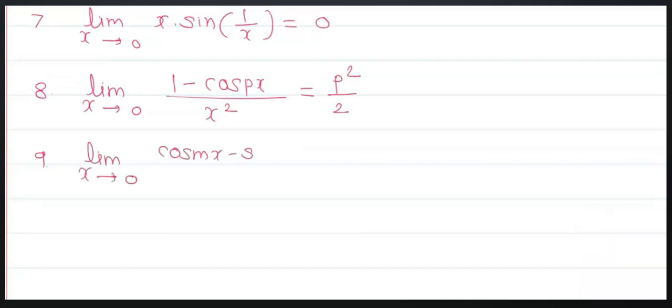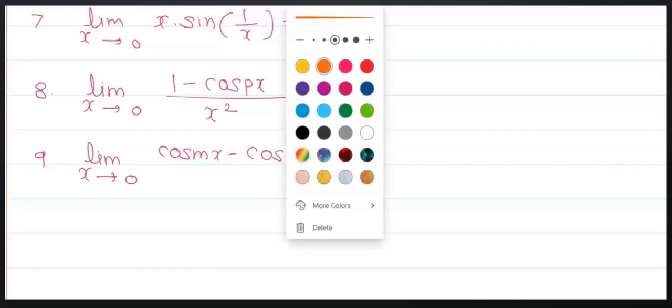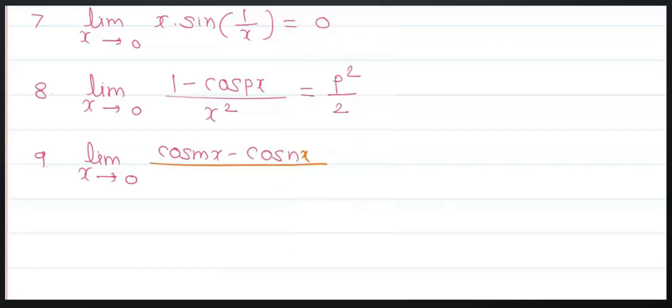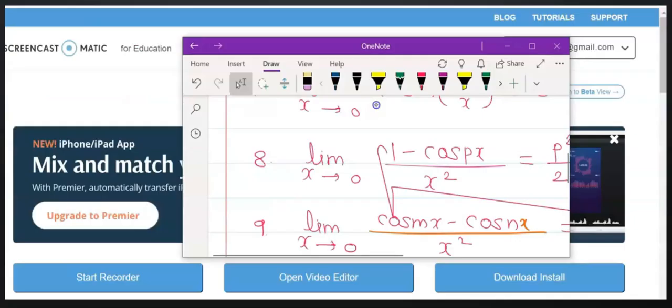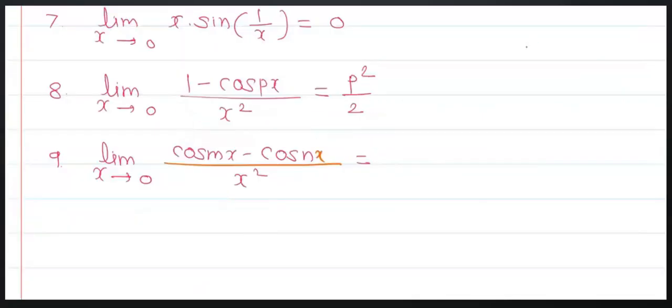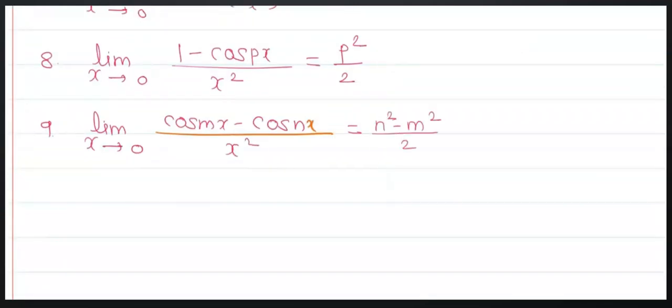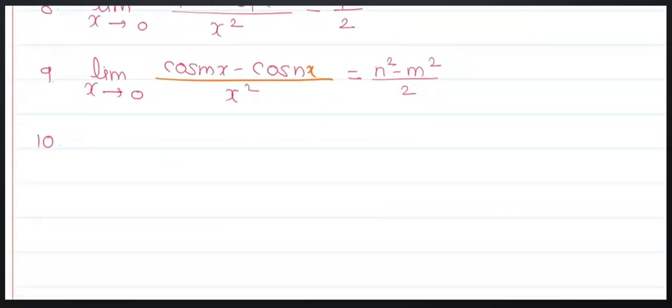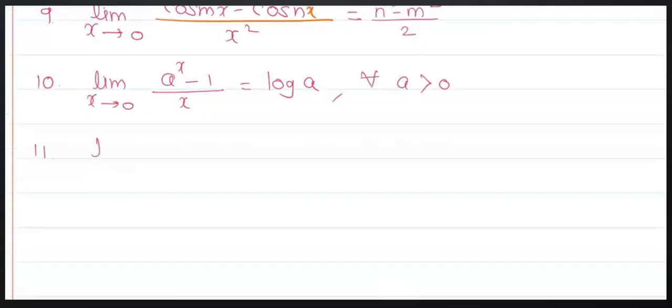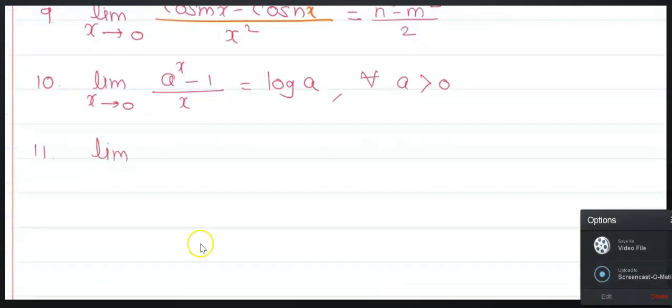Limit x tends to 0, cos mx minus cos nx upon x square is equal to m square minus n square upon 2. Limit x tends to 0, a raised to x minus 1 upon x is equal to log a, for every a greater than 0.